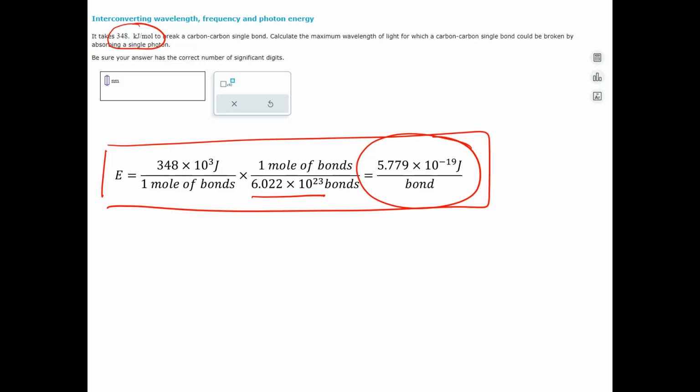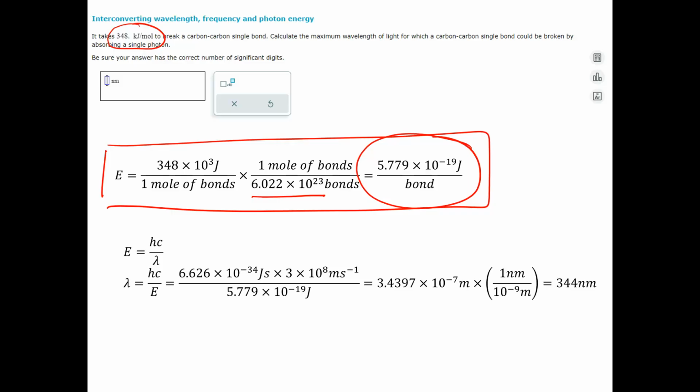All right, so now we have to turn that into a wavelength. So we know that energy is equal to Planck's constant times the speed of light divided by the wavelength. So we can reorganize that formula to get the wavelength, and at that point we just have to put our numbers in and plug and chug.